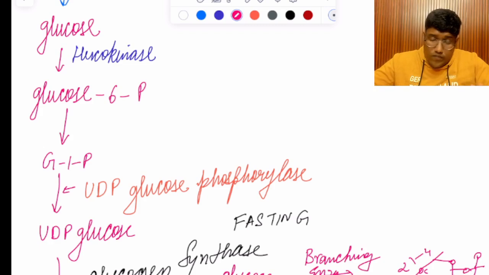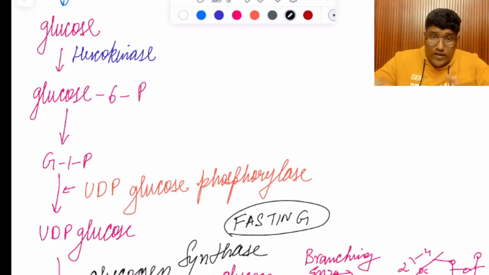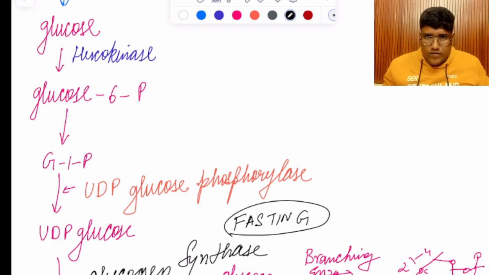Now there's a glycogen, and the person is in fasting state, right? Till now what I showed in the pathways was the fed state. Now in fasting state, the glycogen has become a very huge molecule. There are a lot of alpha 1,6 and alpha 1,4 bonds. It's like a huge tree with a lot of branching.